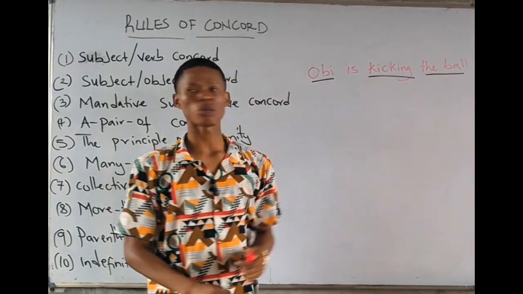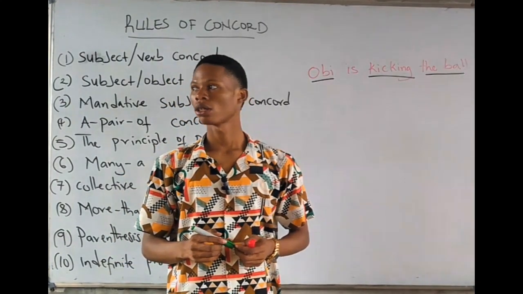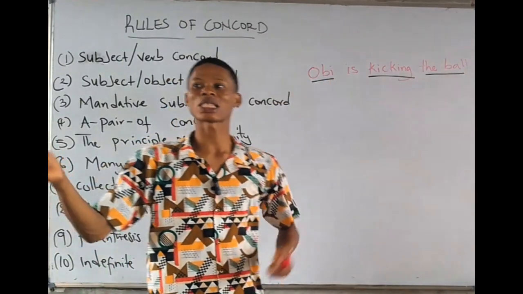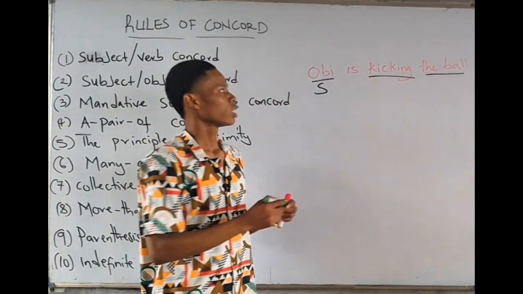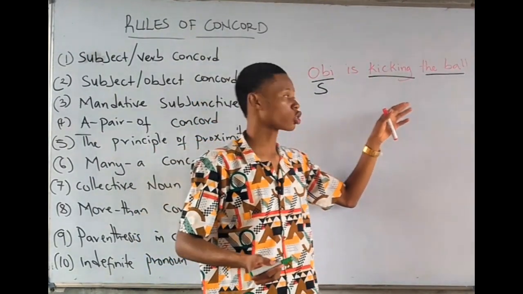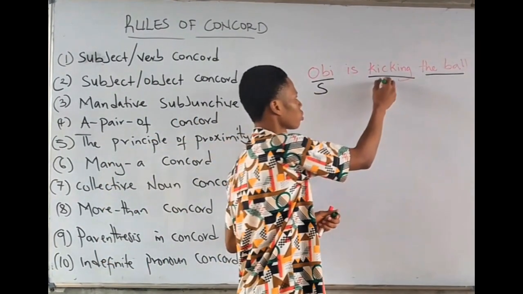Now, looking at this, what is the subject here? Obi is the subject here. Who is the sentence talking about? So Obi here is the subject. Now, kicking is an action word, right? So kick is an action word. So here, kicking is a verb.